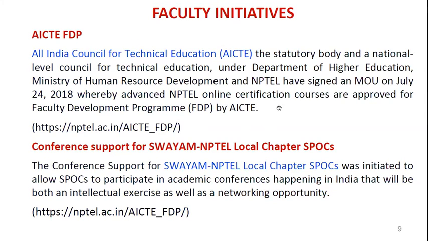Officially, you will get a certificate signed by both the AICTE coordinator and the NPTEL coordinator with both logos. I will show a sample of that certificate here. For the details, you can go through this URL, nptel.ac.in/AICTE_FDP. All the details regarding this FDP are included. Anyway, I have added some important points here also.